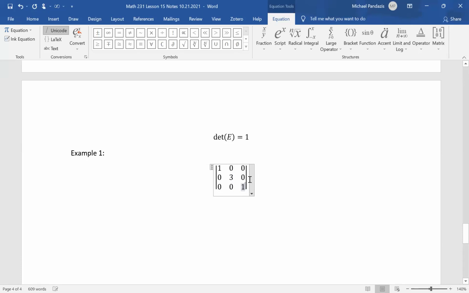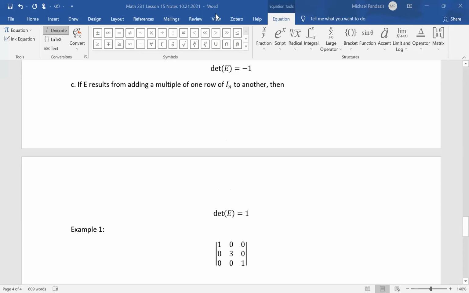Well, we know as a triangular matrix, a diagonal matrix is a triangular matrix, this determinant is the product of the entries on its main diagonal.